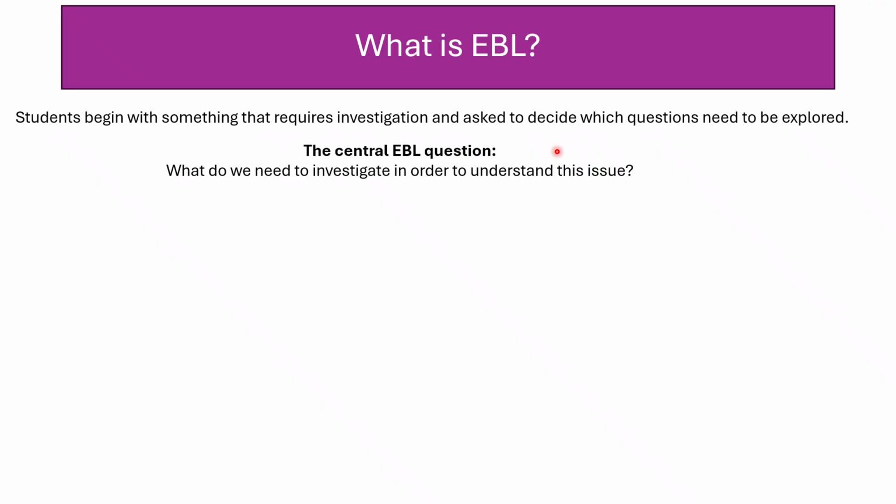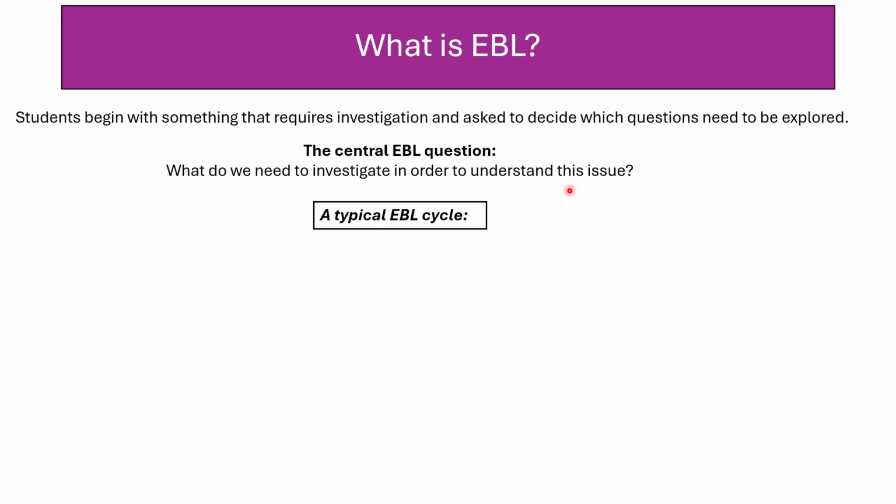The students need to develop this mindset before the EBL class. They need to understand that in any EBL session, they need to answer that question: what do we need to investigate in order to understand this issue? That's the main aim in the EBL class, to come up with questions to understand what you need to investigate to understand this issue clearly.